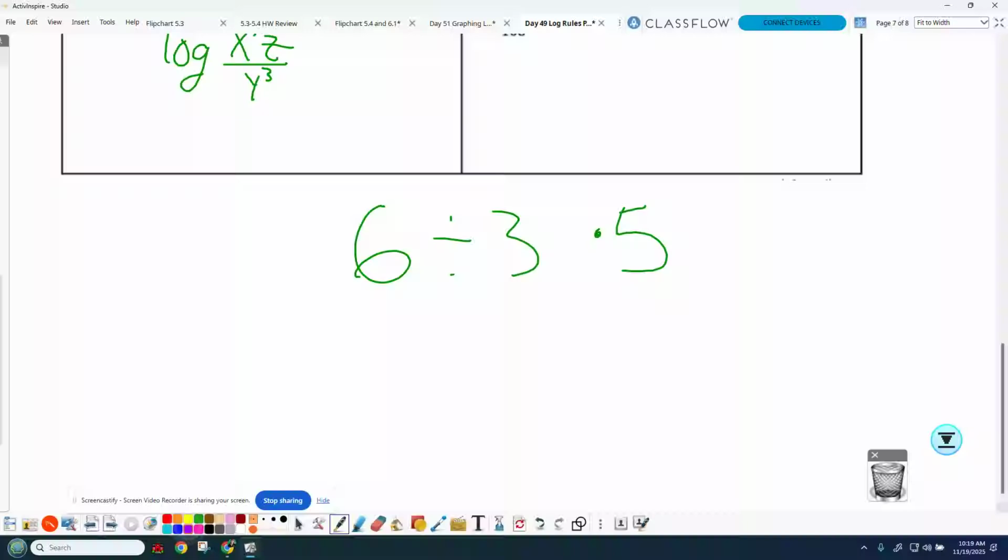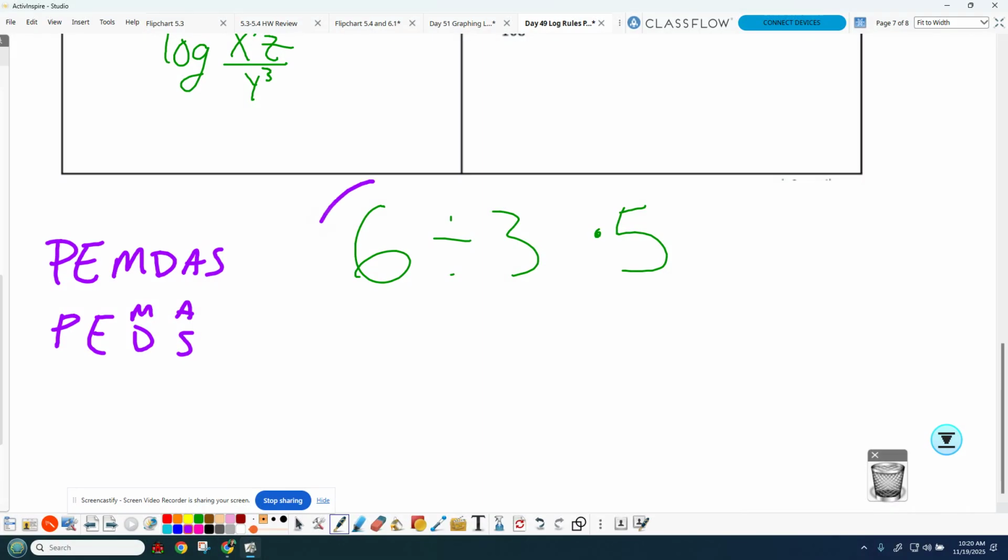You know, I know that's how we read. I hate that. I agree it is parentheses first, then exponents, but multiply and divide, left to right, whichever one comes first. Add and subtract, left to right, whichever one comes first. So, Emmy was right, this is 10. We do 6 divided by 3, which is 2. And then we do 2 times 5, and we get 10.